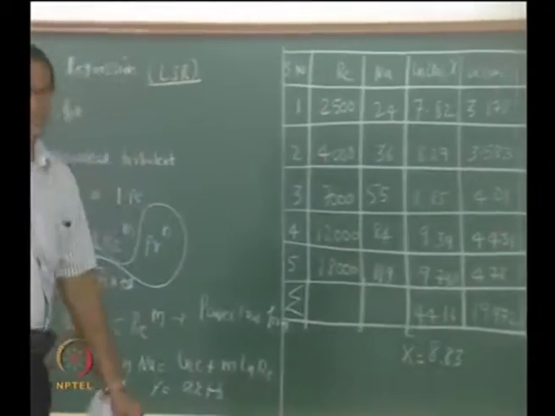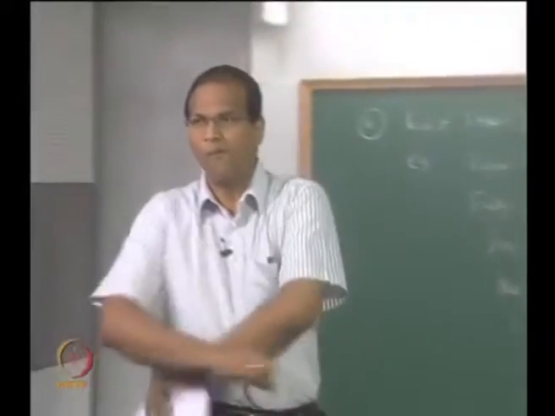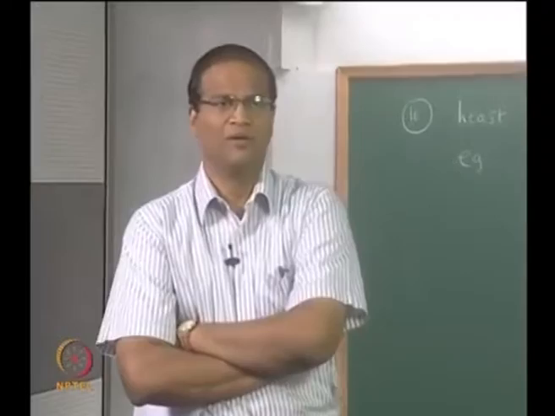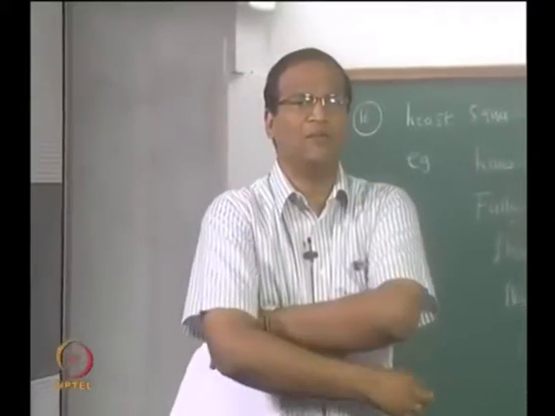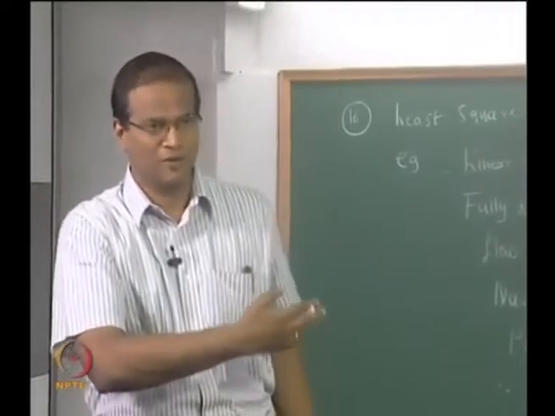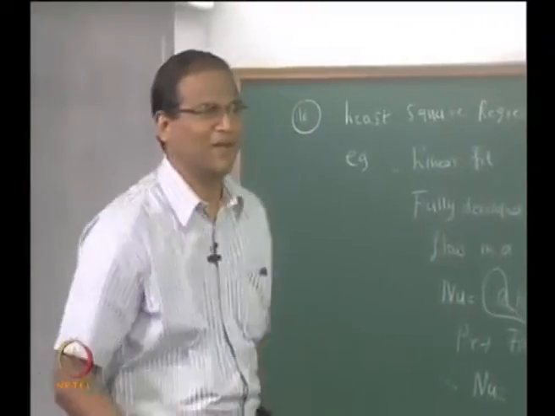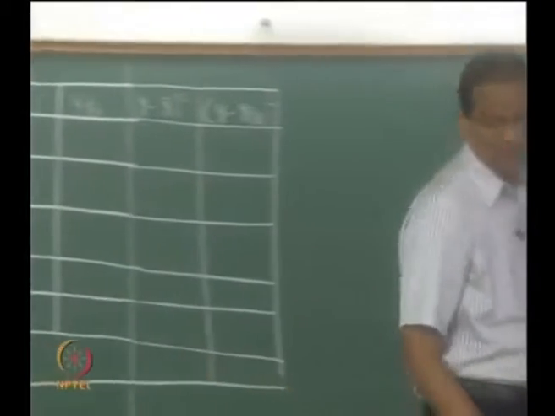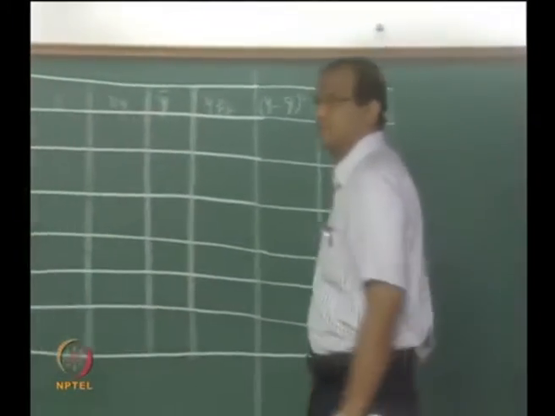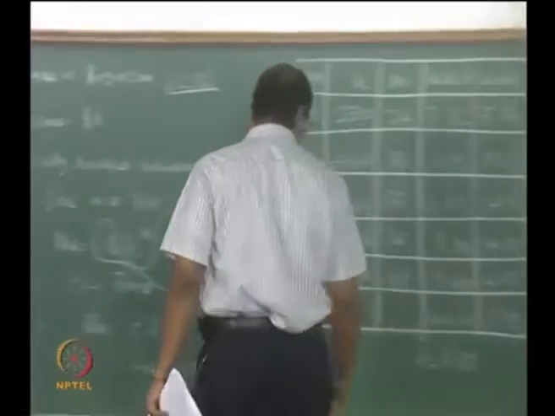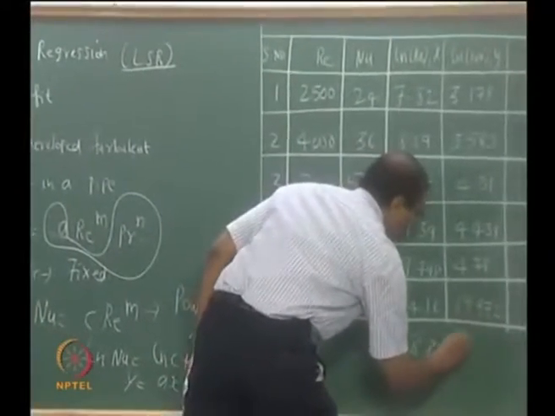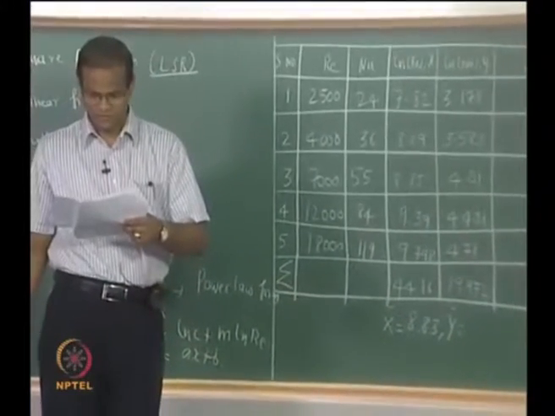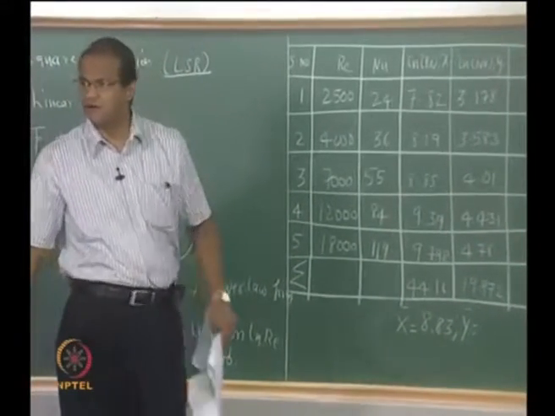Sum is 19.97, alright. Yeah, please check, please do not copy from the board. I am not solving a very tough partial differential equation which you cannot follow. Right, I am just doing simple math. What is the mean, y bar? 3.994, right?